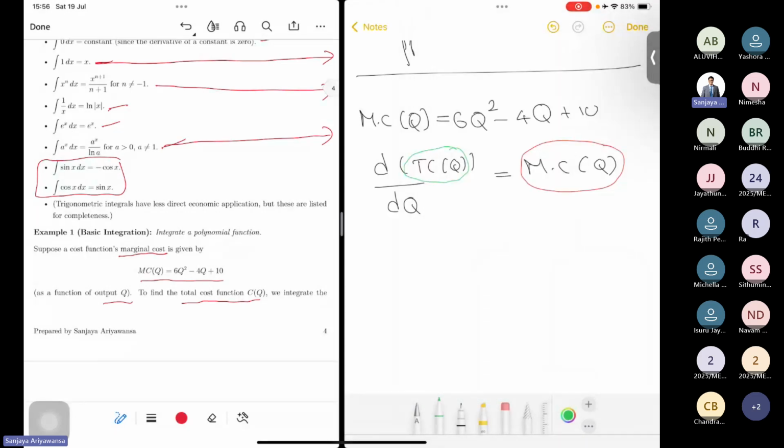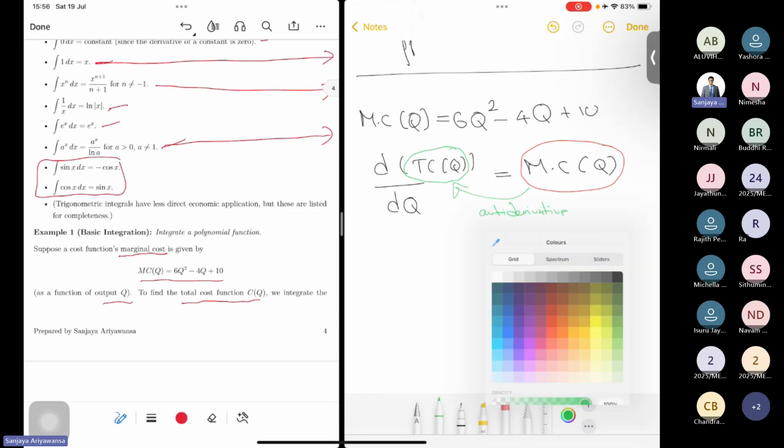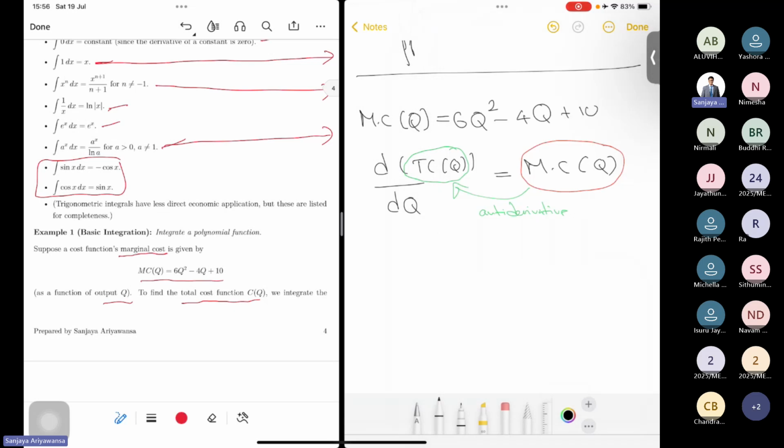So basically we are asked to find the antiderivative of the marginal cost. How do we go about doing that? Very simple. You would integrate the marginal cost function with respect to dq. So what is the marginal cost function? 6q squared minus 4q plus 10 dq.